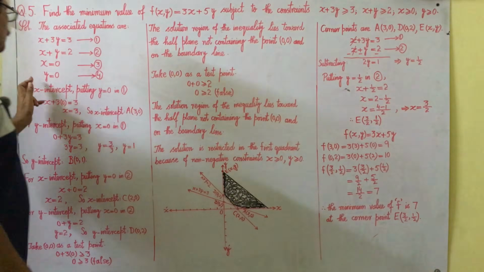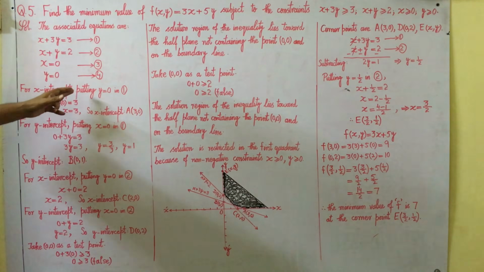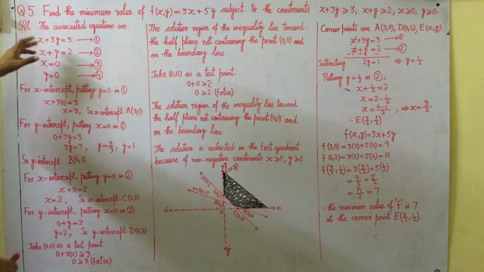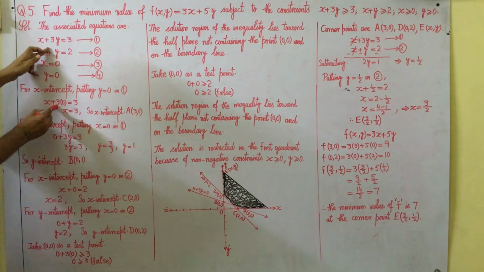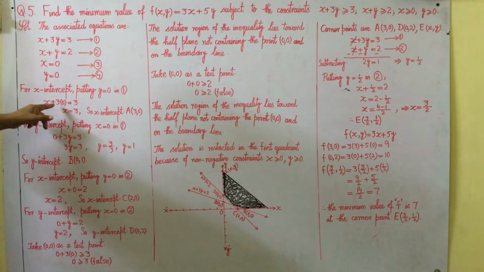For equation 1, find the x-intercept by putting y = 0 in 1: x + 3 × 0 = 3. 3 zeros are 0. x + 0 = x = 3.